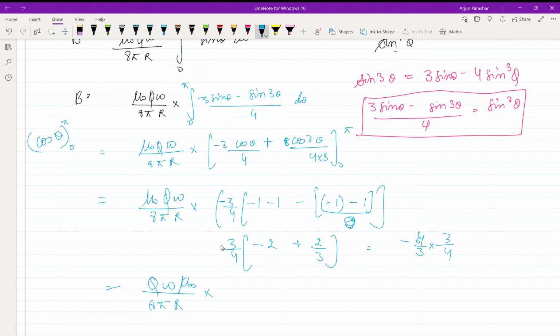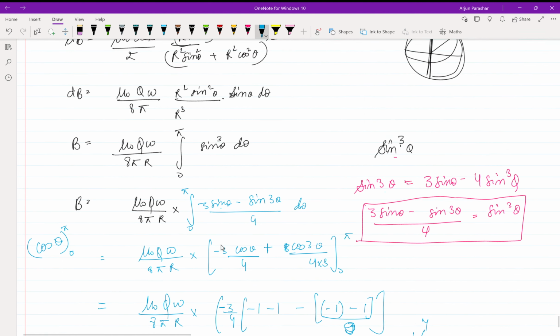So 9 to the 18 plus 2, and with one negative sign here, 16. So we'll get 4 and we'll get 3, and with this negative sign we'll get this cancelled. So it is 4 by 3. So we get mu naught omega q upon 8 pi r into 4 by 3. So this is the magnetic field at the center of a spherical shell.